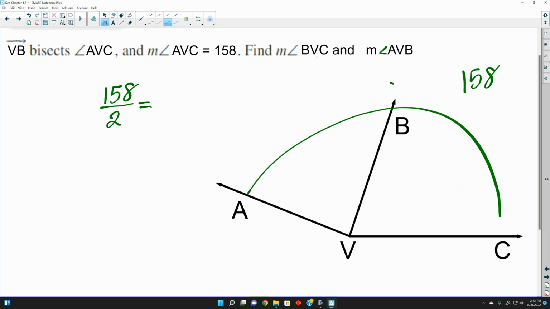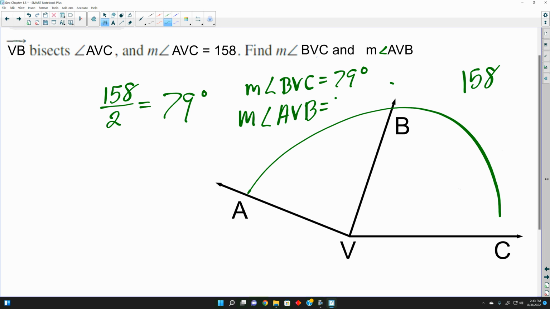So if we divide 158 by 2, what do we get? The measure of angle BVC is 79. The measure of angle AVB is also 79, because they're both the same. Questions on this here?